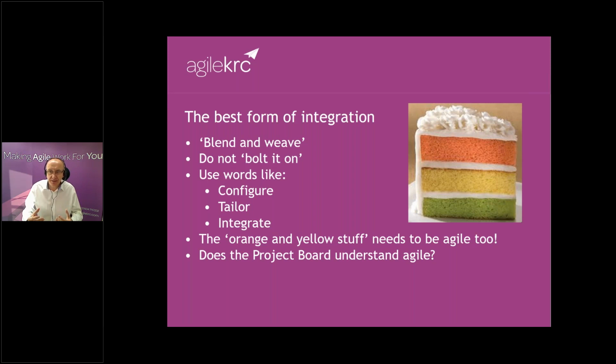So again, with those layers, if in the previous diagram the green box was your delivery layer, what's going on in the yellow and the orange layers there? Do they get what they're talking about? I just want to give you one other quick example. This would be very advanced and quite unusual, but can the project board actually come into, for example, a project room and pull the information out of the project room by just looking at burn down charts?